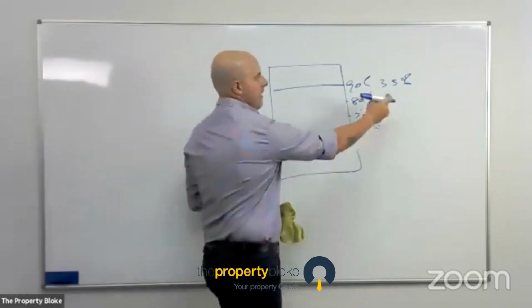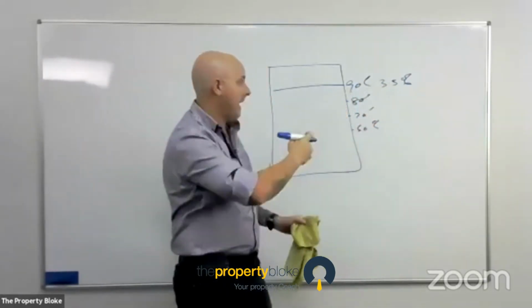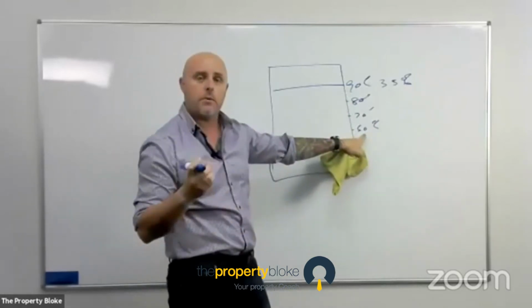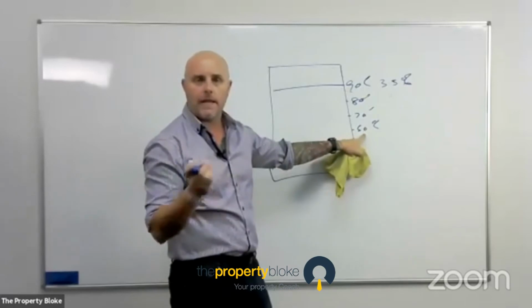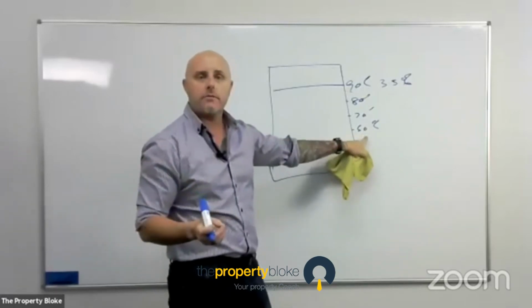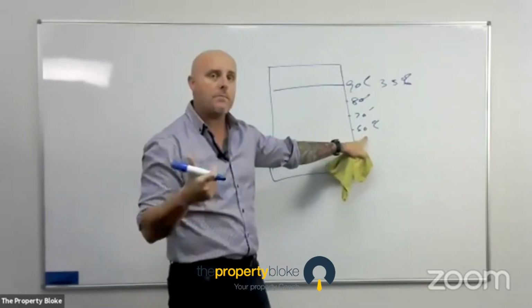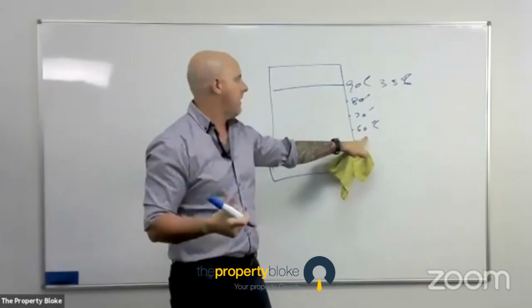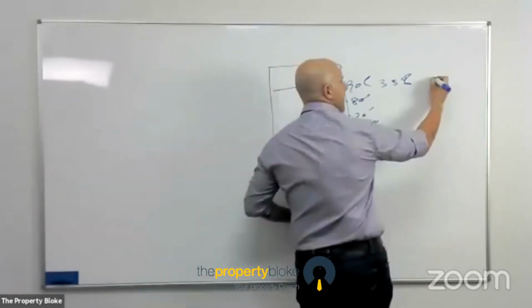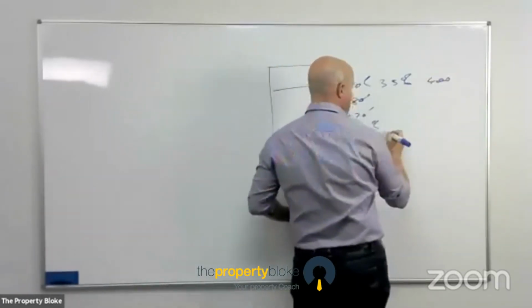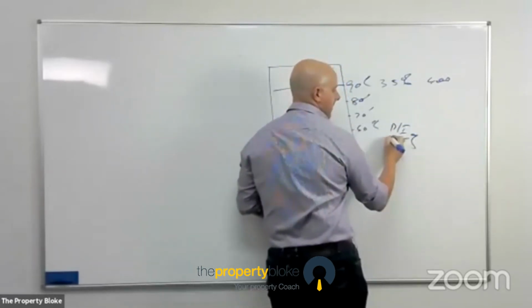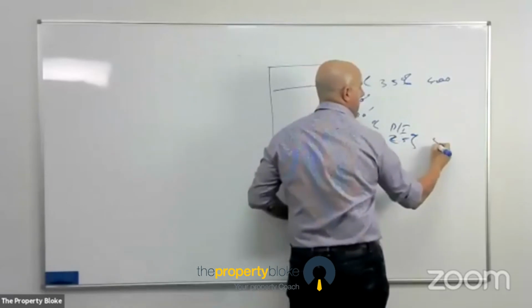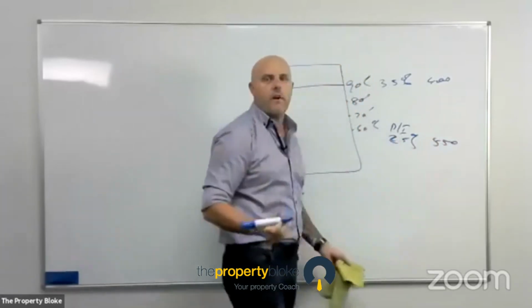So interest only is 3.5% at 90%, but sometimes at 60%, if you wanted to pay principal and interest, which as I said before is totally up to you guys, you might only have a rate of 2.5%. So that's a 1% saving. Now, the only thing is this repayment up here might be say $400 a week, but even if you are paying principal and interest down here at 2.5%, you're still going to have a repayment of like $550, $590 per week.